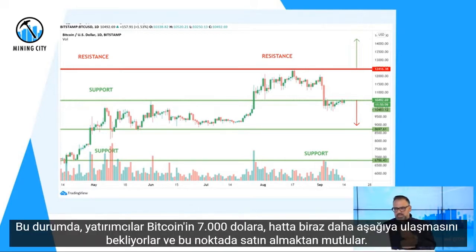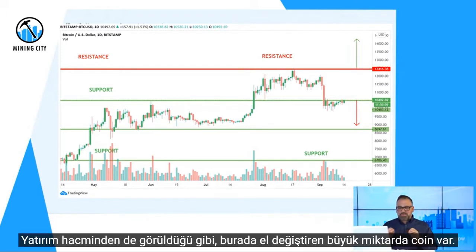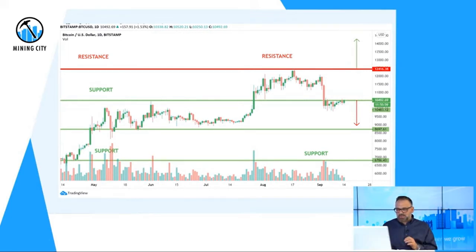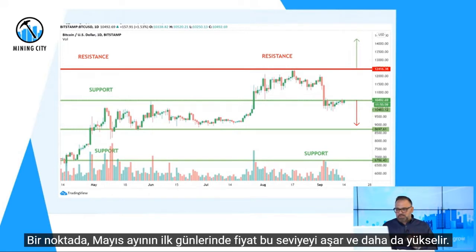In this case, traders are waiting for Bitcoin to reach $7,000, or even a bit lower, and they are happy to buy at that exact point. And there is a large amount of coins changing hands here, as seen by the trading volume. At one point, in the first days of May, the price exceeds this level and rises further.